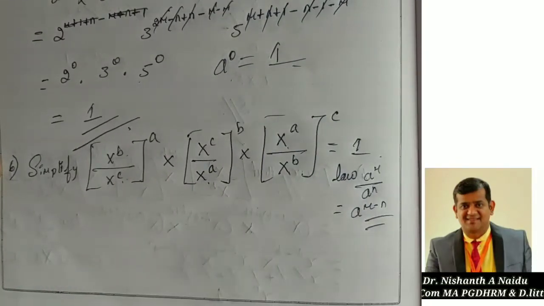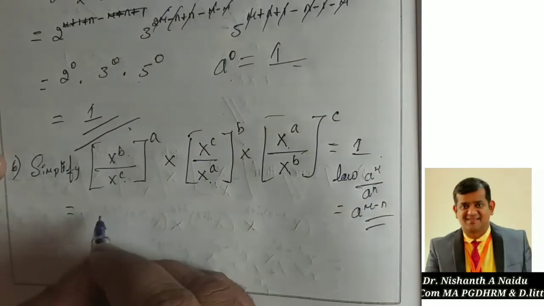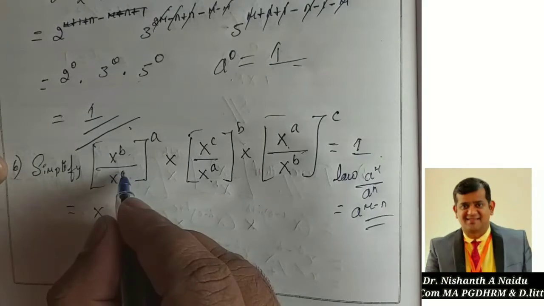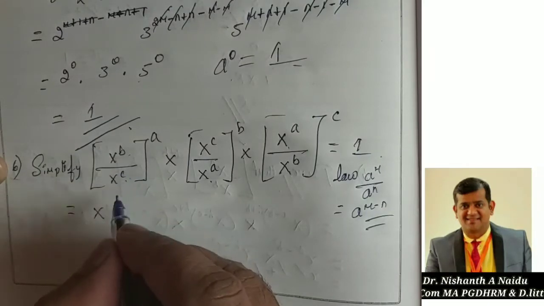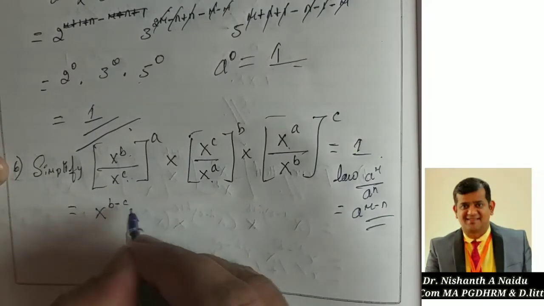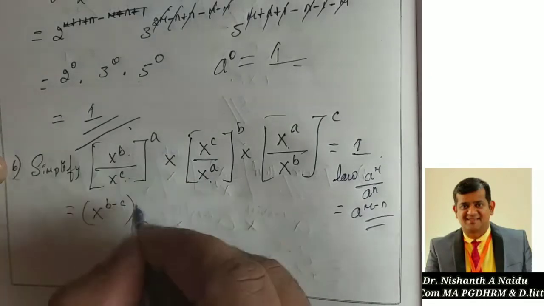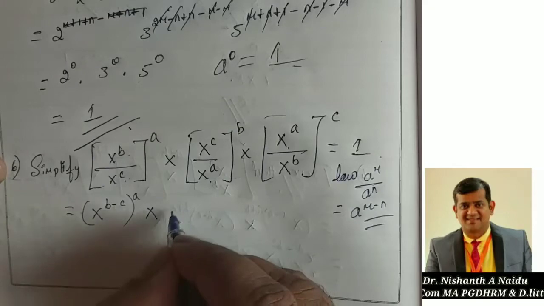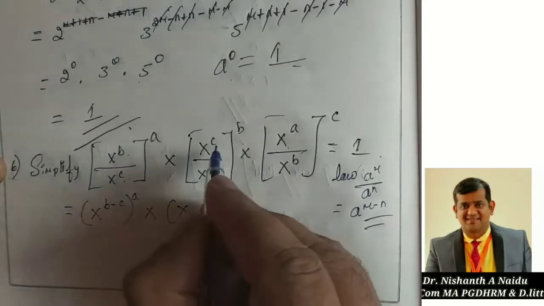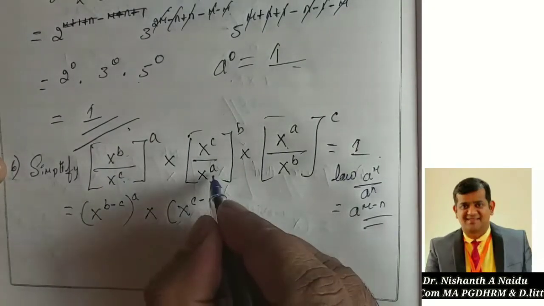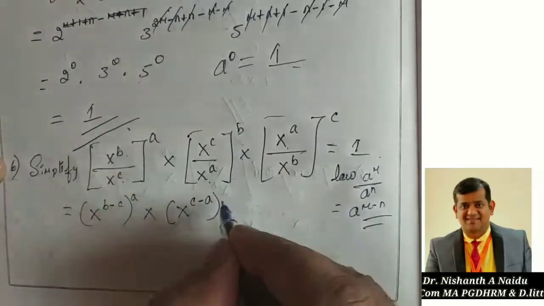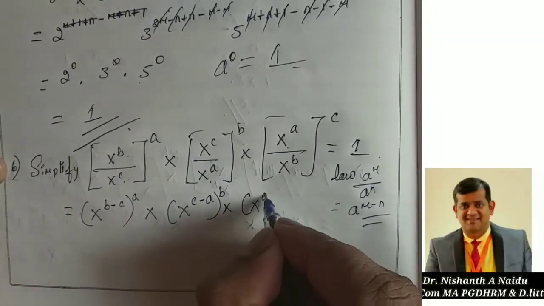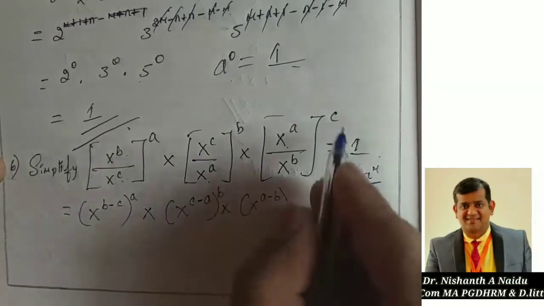So that becomes x to the power b minus c, whole power a. Understood? In the same way, into x to the power c minus a whole power b, into x to the power a minus b whole power c.